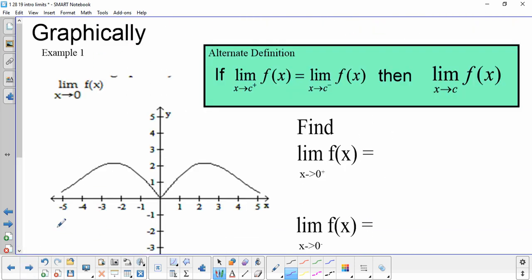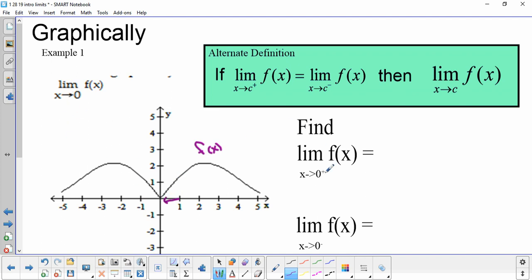Now we did that numerically, and we saw that graphically, but you also have to be able to solve these values. If you were asked to find the limit and were given a graph, say this is f of x, as x approaches 0, we're looking for the value of y as x goes to 0.